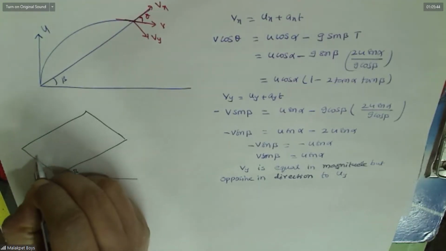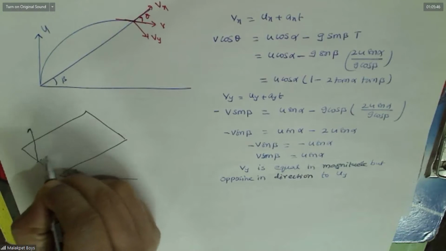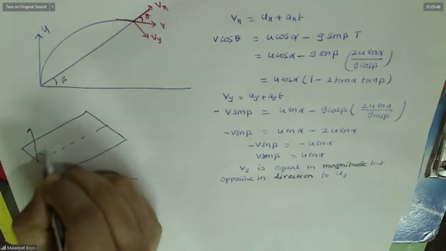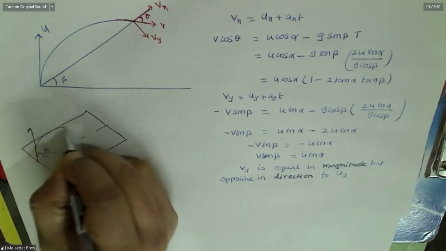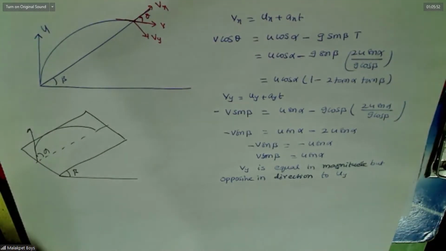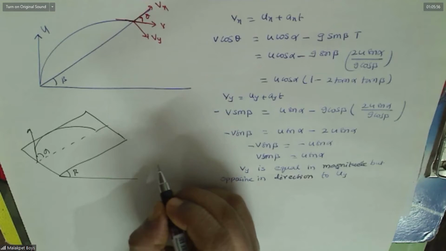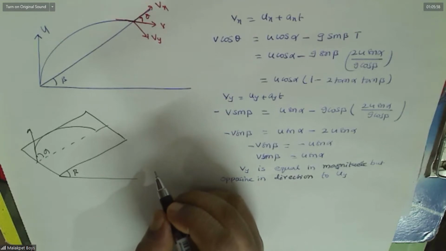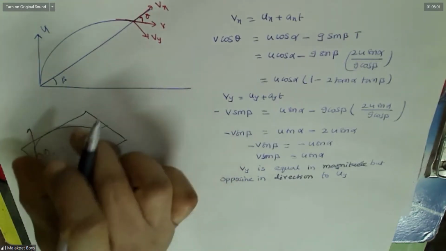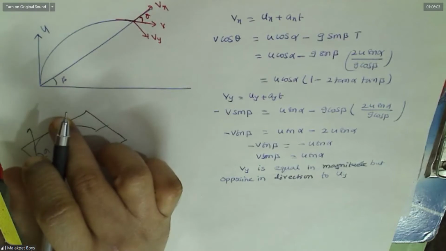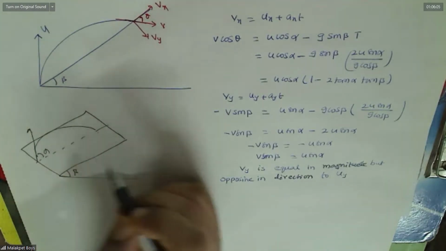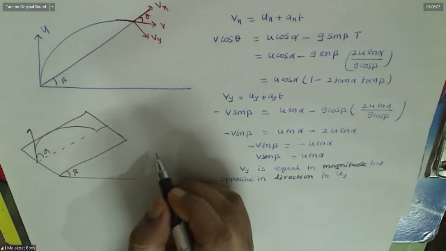You are projecting something like this, making an angle alpha. Where does it land? You don't know. Remember that the plane of the projection point, landing point will be in the same plane or not?